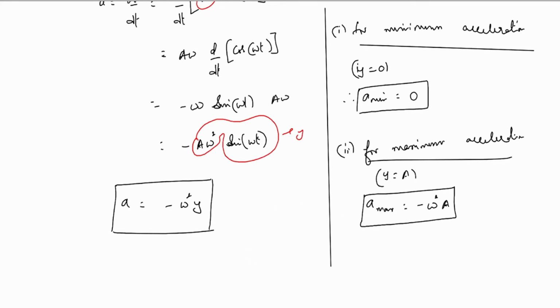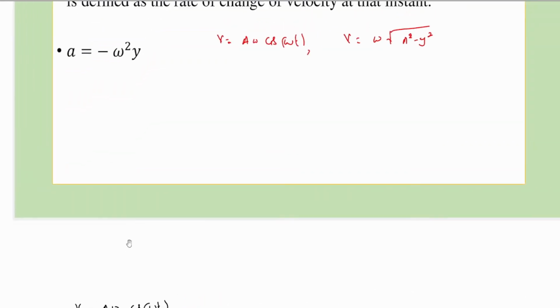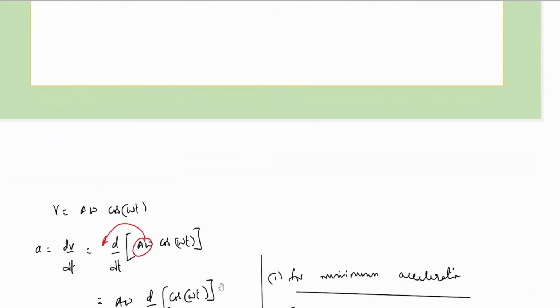As seen here, we find a minus sign, which means that the acceleration is always opposite to the displacement. That is because, if we look at this case, let's draw a diagram for it. Think of a case where the particle moves between two extreme positions. Let's call them R and Q, and somewhere here is the mean position O. When the particle is going like this, y is increasing.